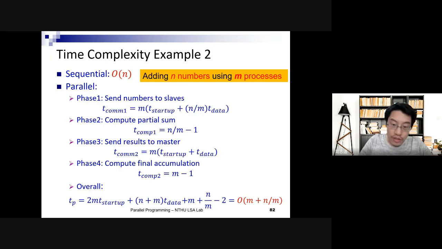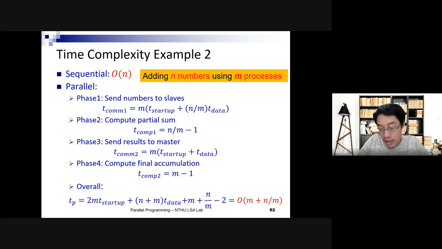And for sending the result, unfortunately, the master has to receive m messages at the same time. Here, because we assume you can only receive one message at a time, that's why we multiply by m. Considering bandwidth is limited, you actually have to receive them one by one.